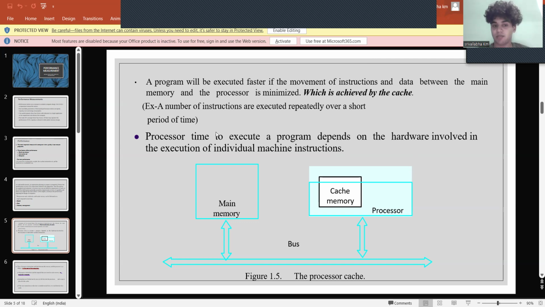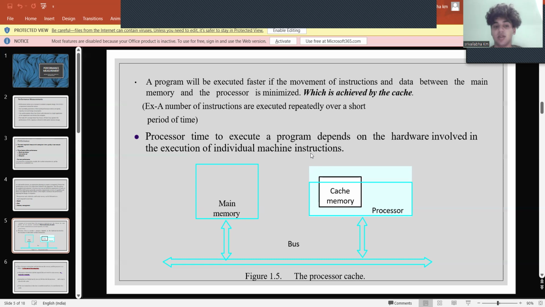The time required to execute a program is called processor time. It depends on the processor hardware involved in the execution of individual machine instructions.